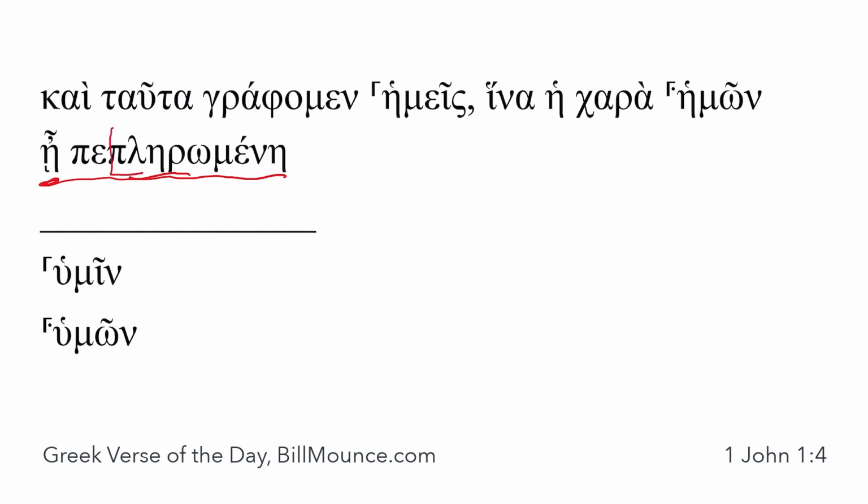Okay, there's plēroō, right, with a reduplication, lengthened connecting vowel, participle morpheme. So this is just that periphrastic construction. But what I also wanted to emphasize were these little brackets. Okay, these are brackets for text critical purposes, and this particular one indicates that the following word is replaced by another word in some of the Greek manuscripts.